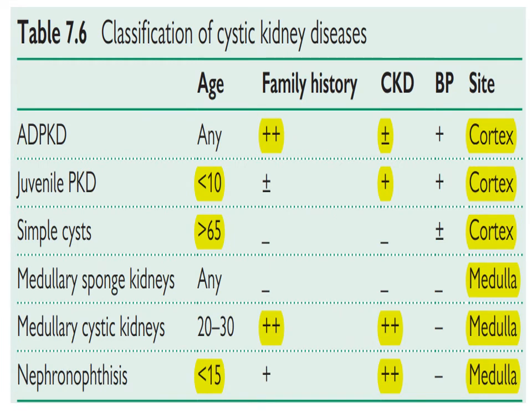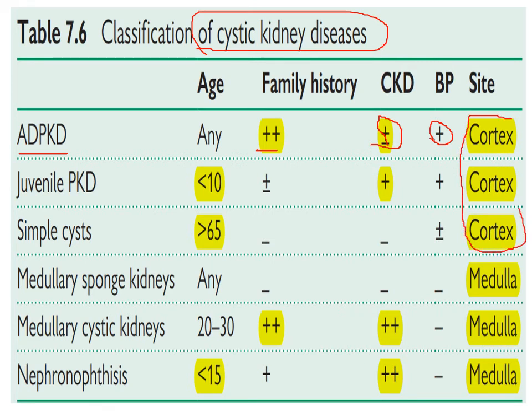This is to summarize our talk on cystic kidney disease. This table is very important, containing all the information that we should need. Autosomal dominant polycystic kidney, as we said in part 1, is autosomal dominant, of course, there is a family history, and usually it leads to CKD, patients are usually hypertensive, and cysts are mainly present in the cortex.